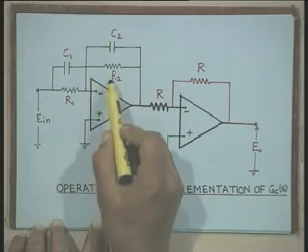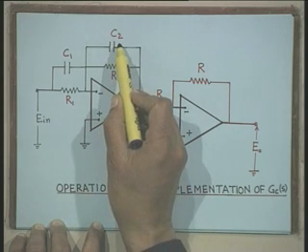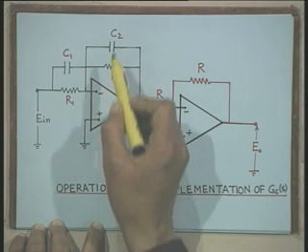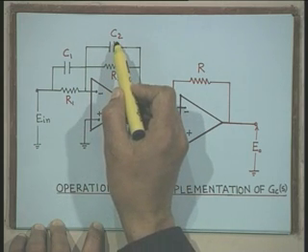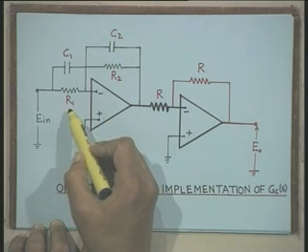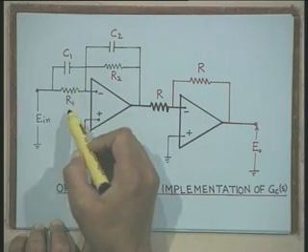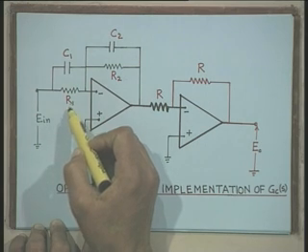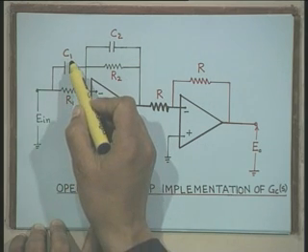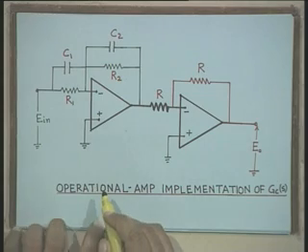Now, in the feedback portion we have taken a circuit comprising a resistance R2 in parallel with a capacitor C2. Similarly, the input is a circuit comprising a resistance R1 in parallel with C1.